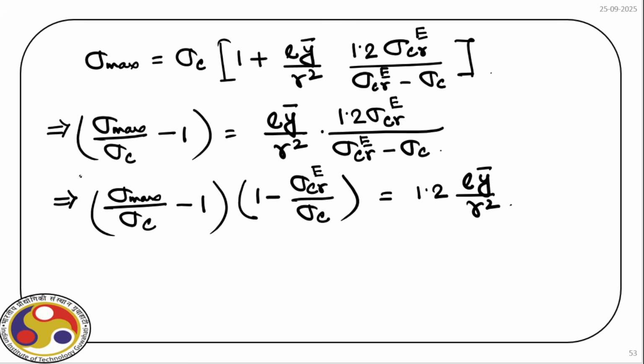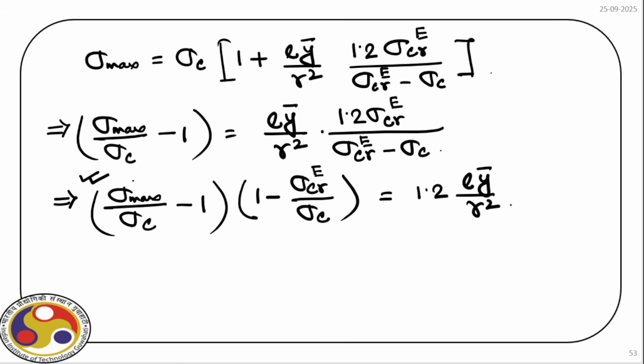Now this expression is very useful because if you look at this expression, what we have is sigma C, that is the compressive stress under direct compression, and then we have sigma CR E, that is coming from the Euler's buckling. Now if we know the Euler buckling load, which we have already derived, and if we know the cross section geometry, we can find out sigma CR E, right?